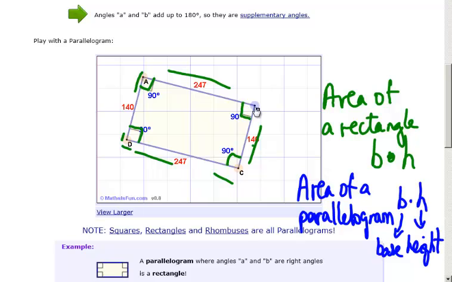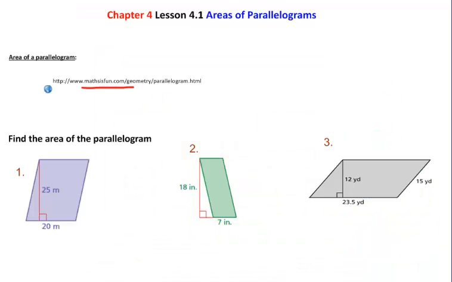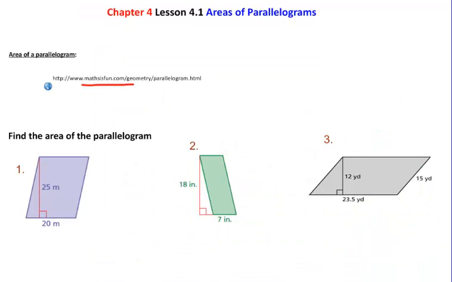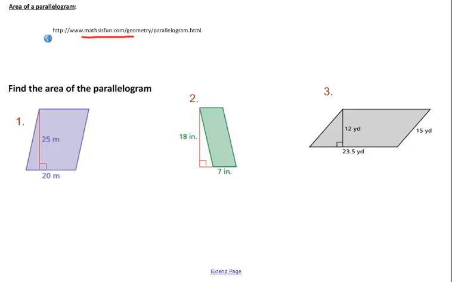Okay, let's go ahead and do some problems. Now, all we are doing in this is to substitute for the base and height that are given in the formula and doing the computation. So the area of the parallelogram is given as base times height.